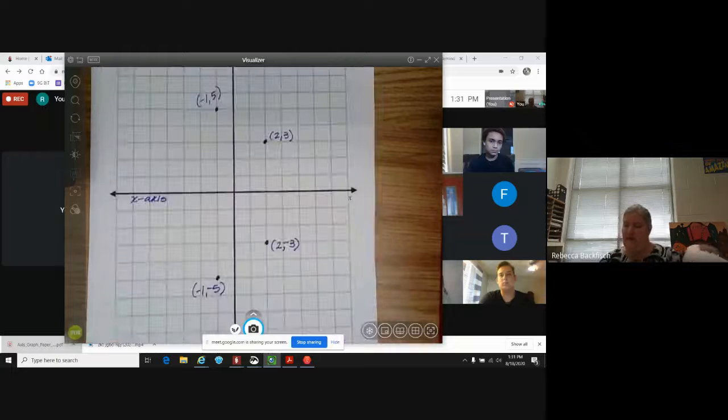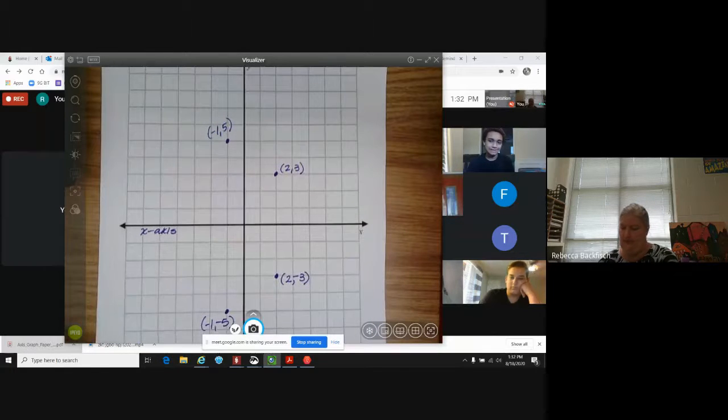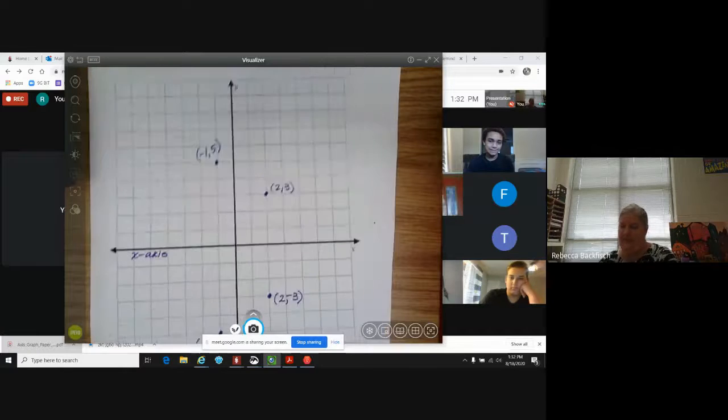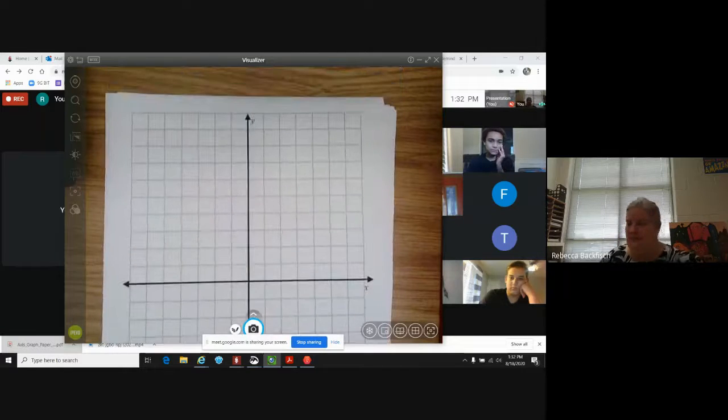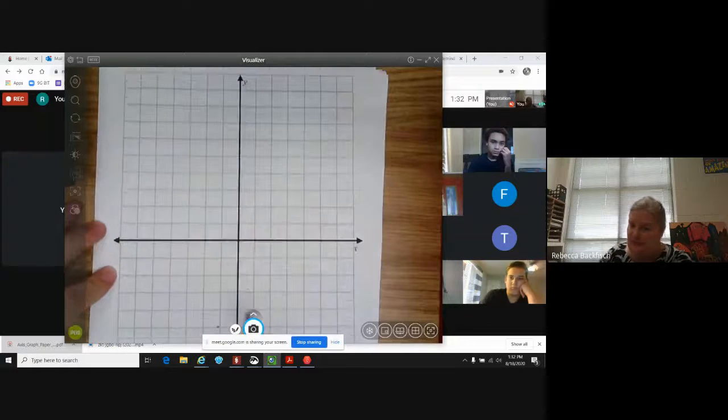Okay, let's look at reflecting across the y-axis. All right, new piece of paper. Across the y-axis, let's suppose, now the y-axis is right here. It's a vertical line.